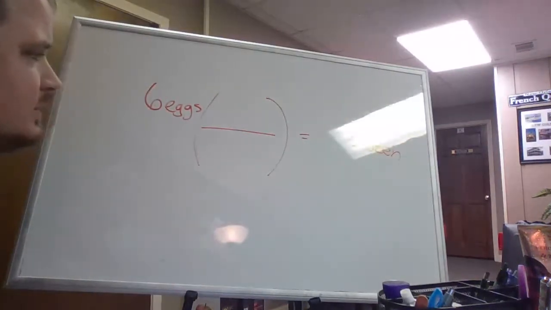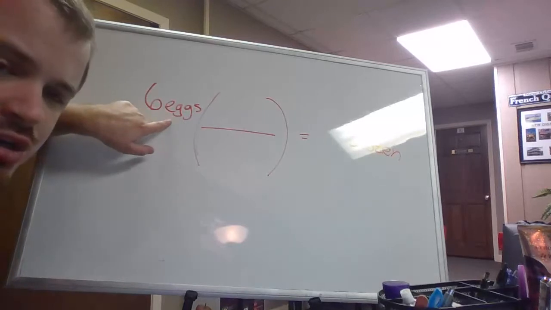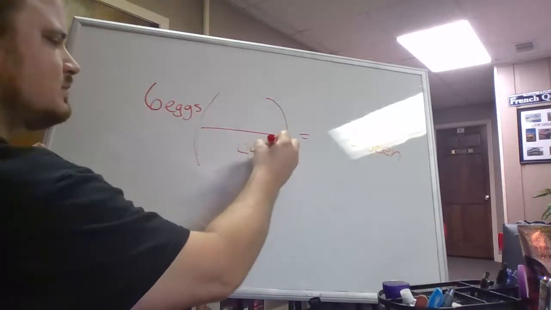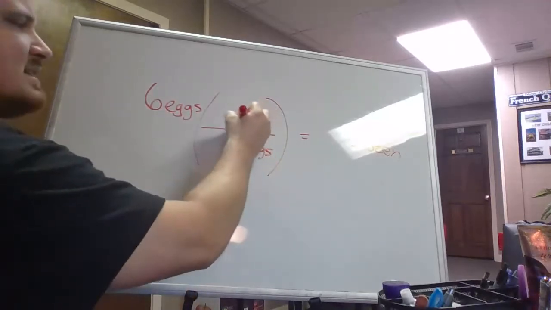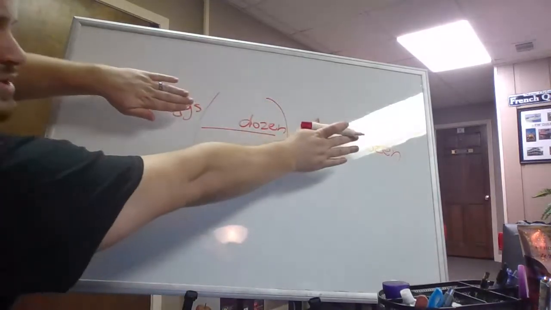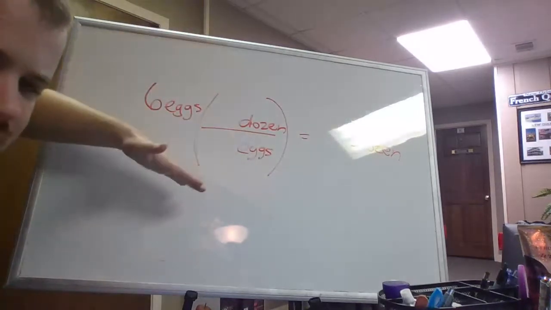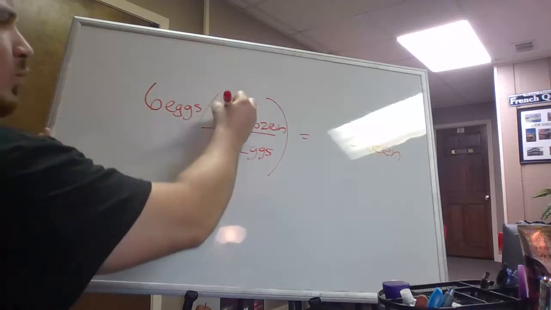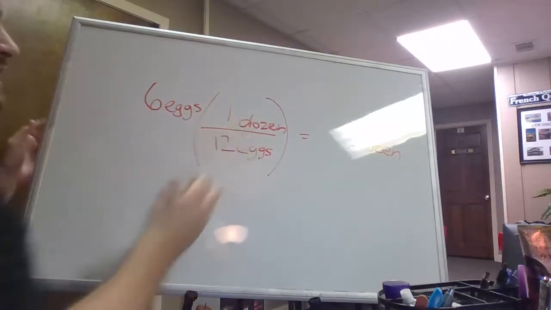So what we'll do is we want this unit to go away. So let's put eggs on bottom, and we're turning eggs into a dozen. Now ignore everything else. What's the relationship between dozen and eggs? A dozen equals how many eggs? Well, 1 dozen equals 12 eggs.